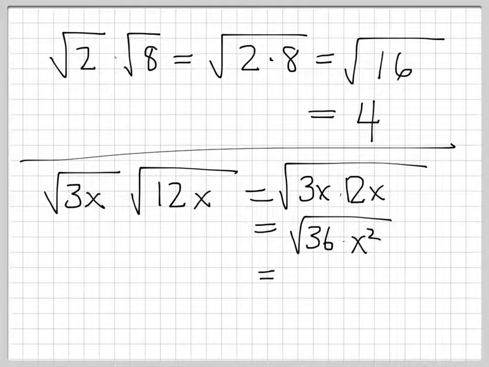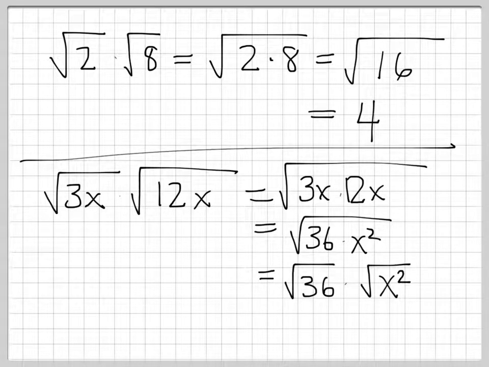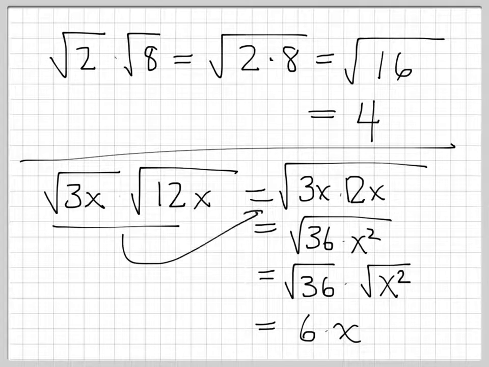And look, I can break it back up by using the same rules. And so that's 6 times x. So we took these and combined them, and then after combining them, broke it back up so that we could take the square roots easily. So let's look at simplifying.